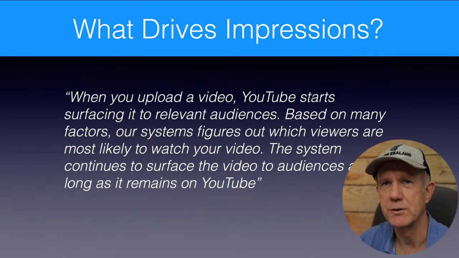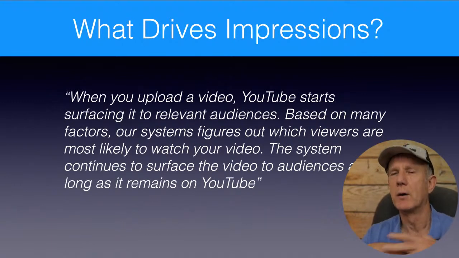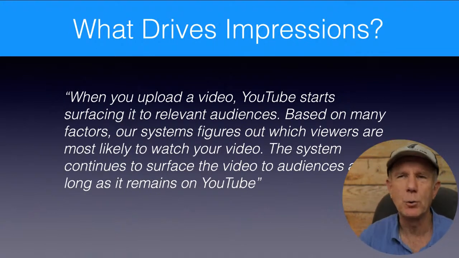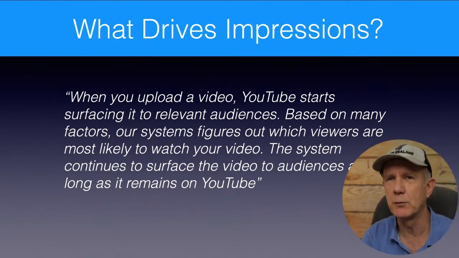What drives impressions? When you upload a video, YouTube starts surfacing it to relevant audiences, all those people that have already watched your previous videos, maybe based upon their browsing behavior, etc. It takes all these factors into account, and then YouTube is going to surface it to the most relevant audience.